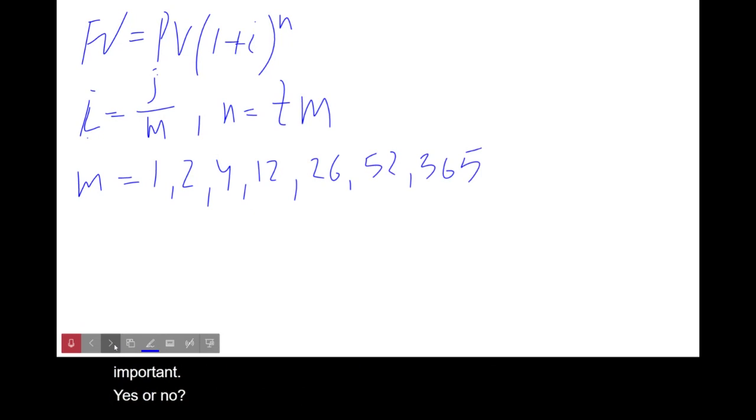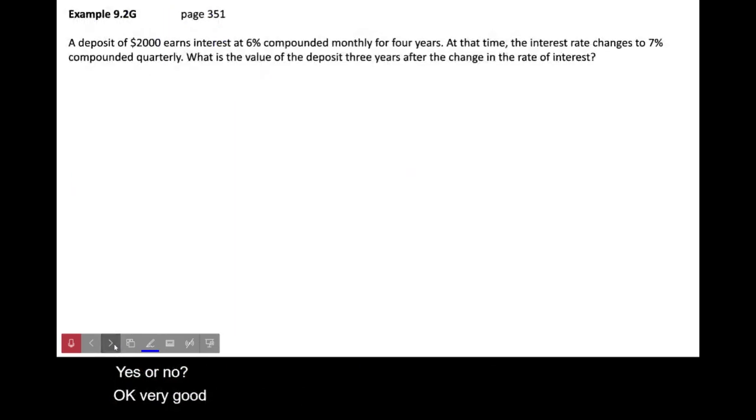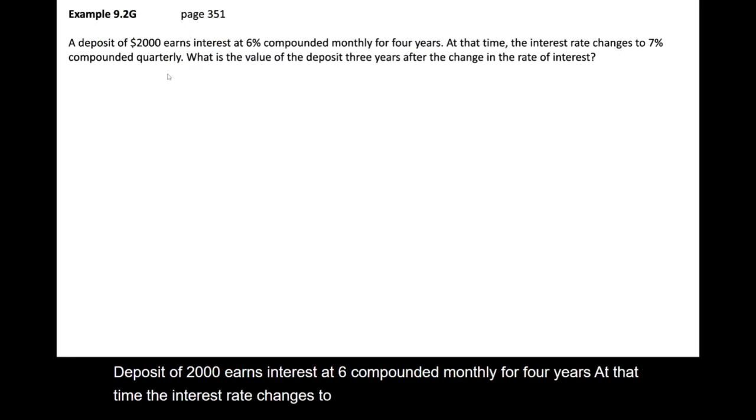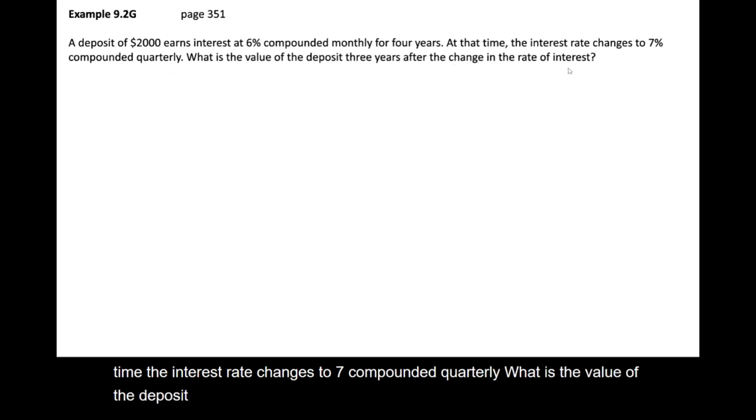Okay, very good. So we are armed and dangerous. Let's practice. A deposit of 2,000 earns interest at 6% compounded monthly for 4 years. At that time, the interest rate changes to 7% compounded quarterly. What is the value of the deposit 3 years after the change in the rate of interest?